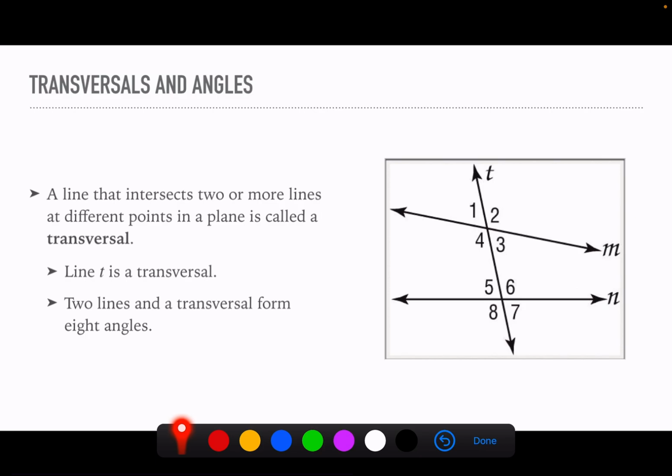We could have another transversal coming down this way, in which case we'll have 16 different angles. Okay? We could even have a transversal coming in through here and crossing through this intersection point. Then things get real crazy.